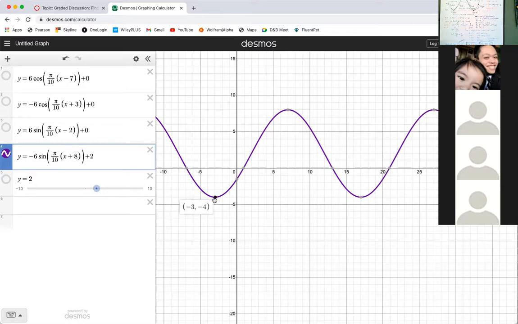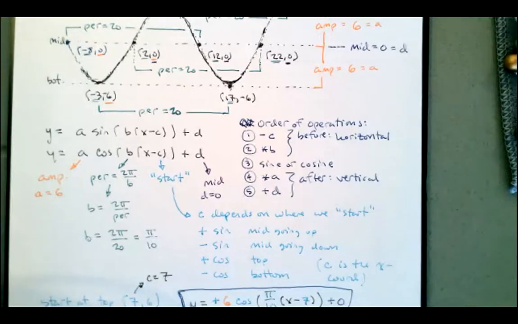I'm just going to tell you where the bottom and the top are, and then you'll have to figure out where the middles are. There are two parts of figuring out where the middle is: the vertical part between the 8 and the negative 4, and the horizontal part between the -3 and the 7. Any questions?